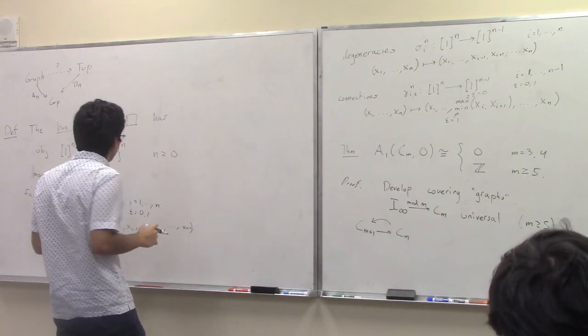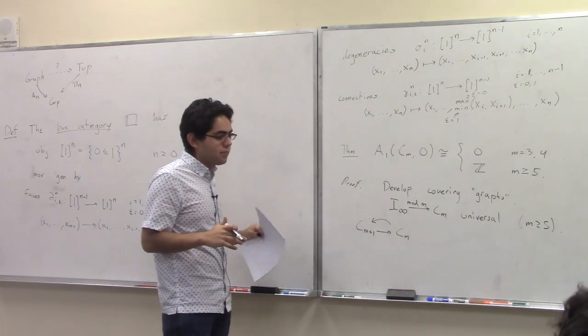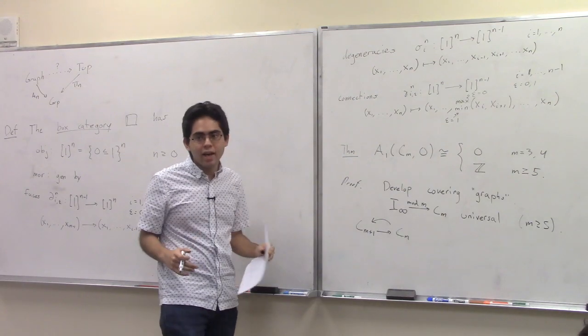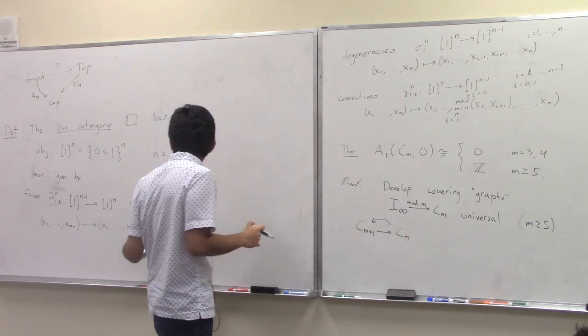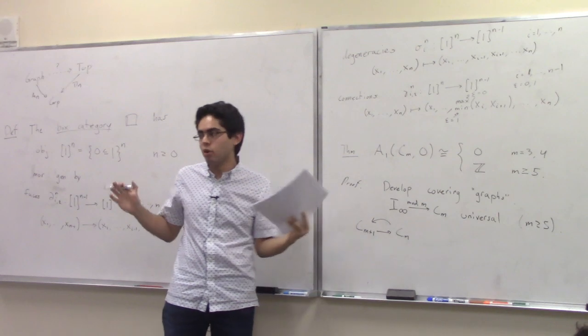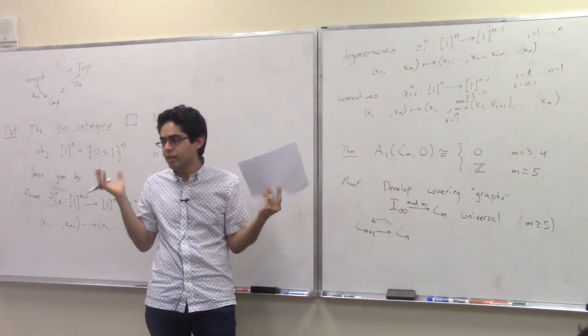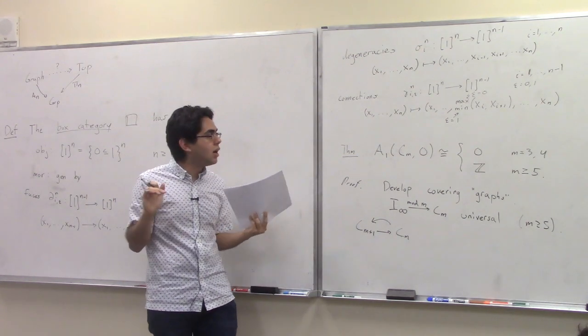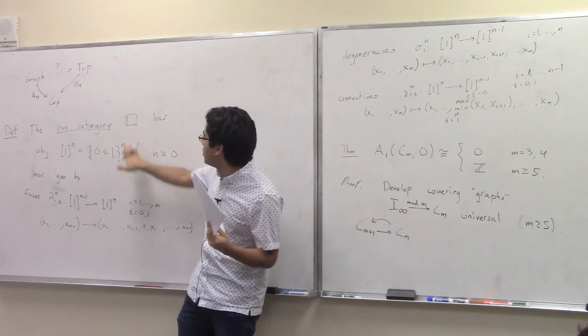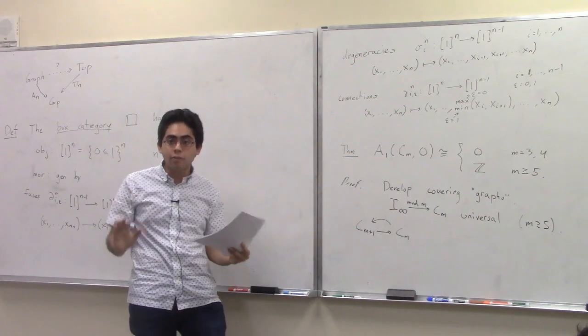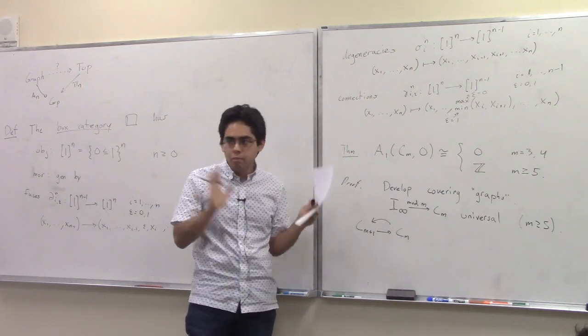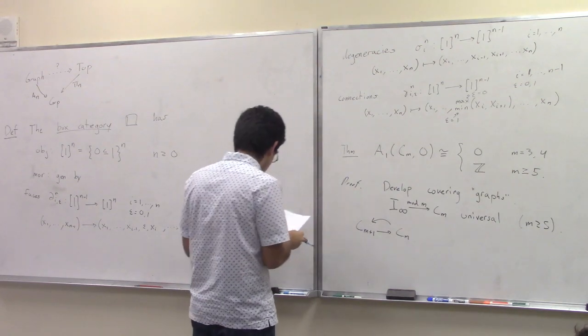One other remark I'll make is that for the simplex category, faces and degeneracies are enough to generate all morphisms between the finite linear posets. Whereas here, the box category is not going to be a full subcategory of Poset or Cat or what have you.